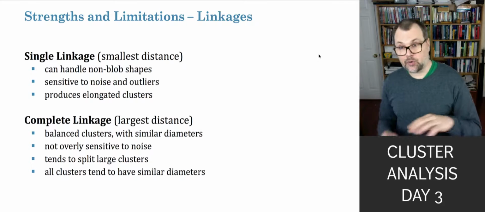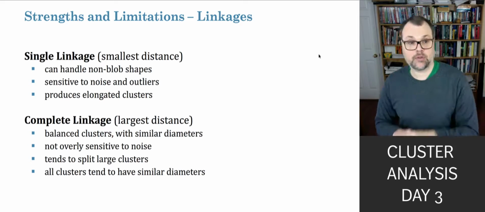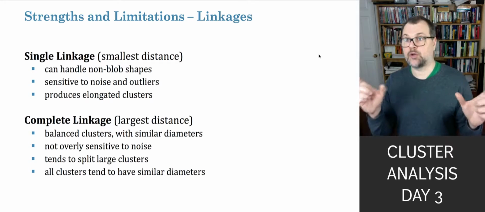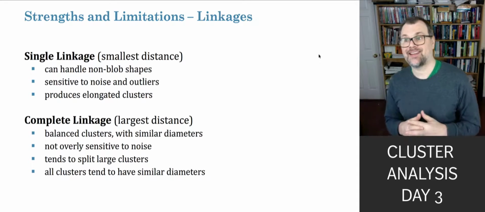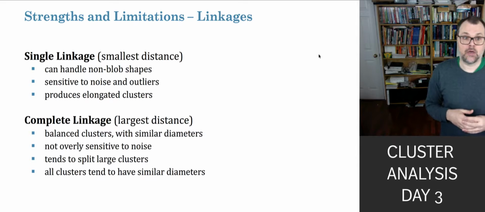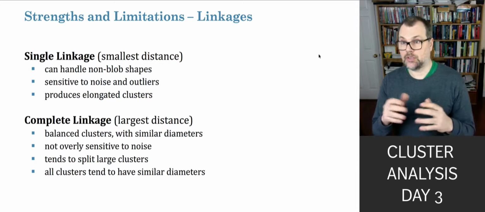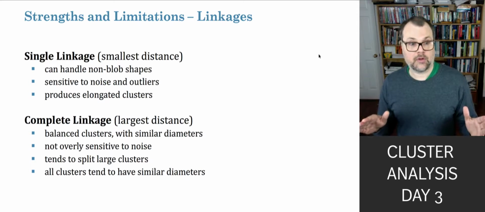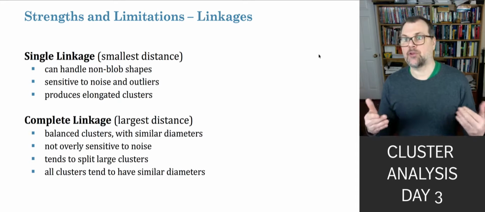Complete linkage, if you use the largest distance to determine the distance between clusters, then you'll get balanced clusters, which are typically going to be of the same size. They're not that sensitive to noise, but they tend to split large clusters into, like I said, equal-sized subclusters. Same size, same shape, same diameter, or at least similar diameters.